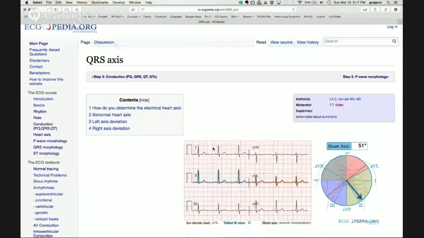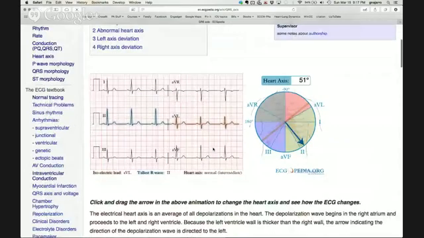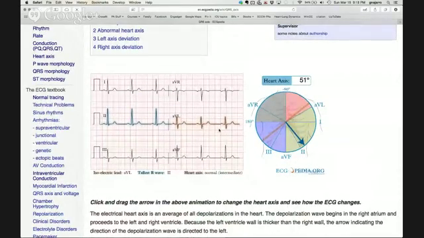A little bigger. Okay. And let's say the real axis was actually closer to here. You could see that AVR, the magnitude here, is slightly bigger than 2.